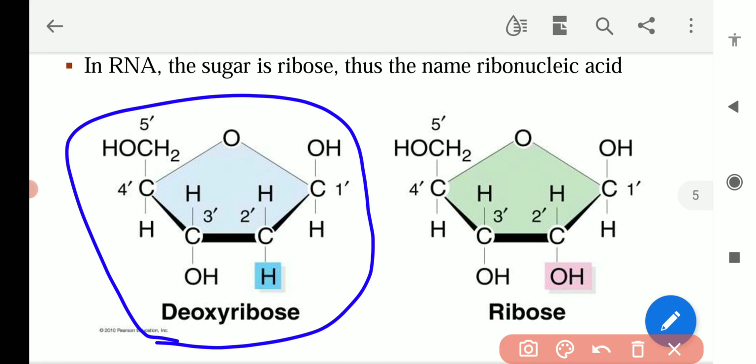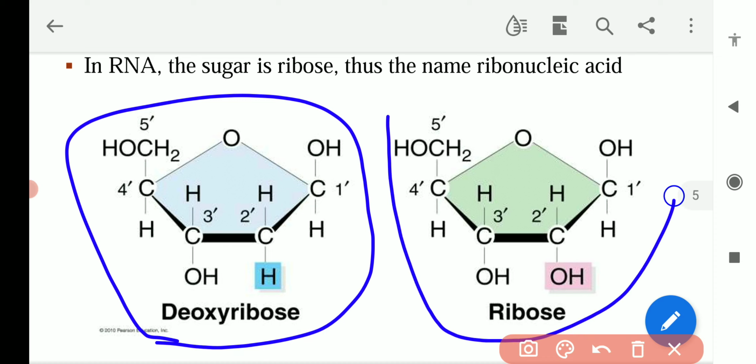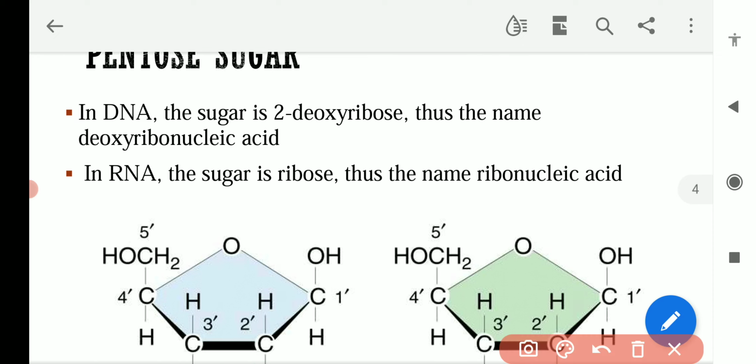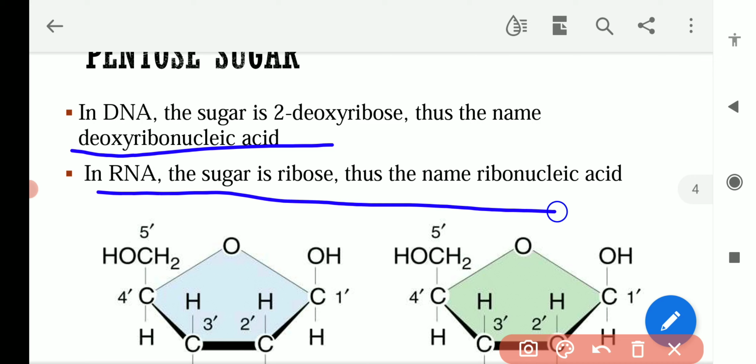It is known as deoxyribose, and in case of RNA, ribose sugar is present. That's why DNA is named deoxyribonucleic acid, while RNA is named ribonucleic acid, because of the presence of the sugar molecule.